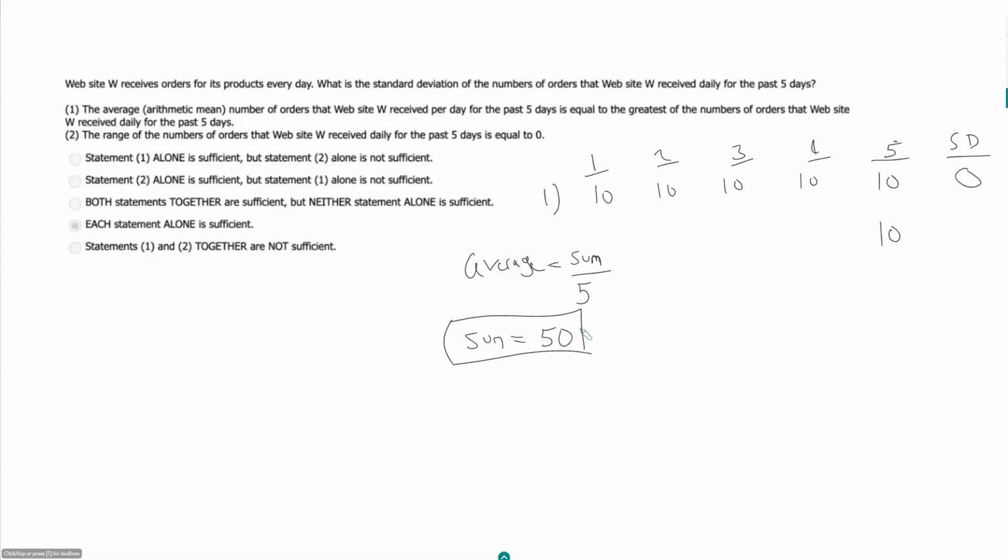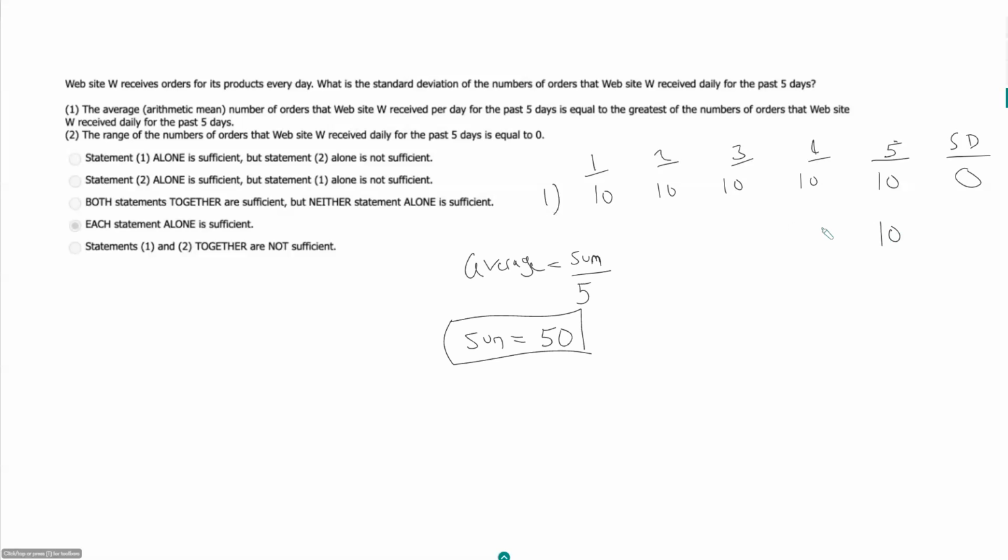If the max number of orders for any given day is 10, the rest of our days have to sum to 40. Remember, we cannot go over 10 for any given day because we want 10 to be the highest number.